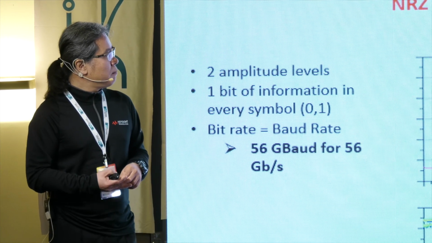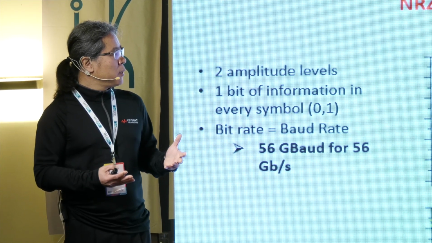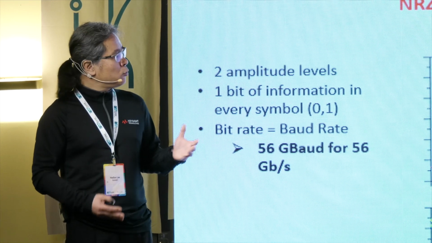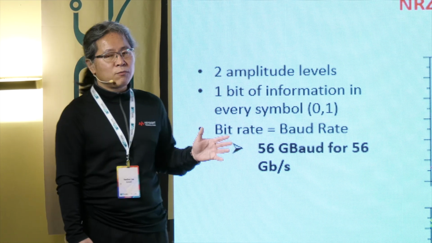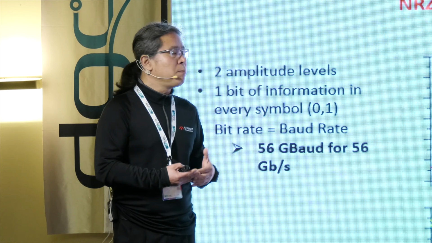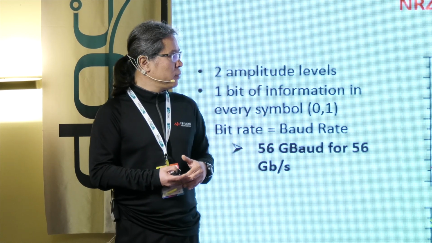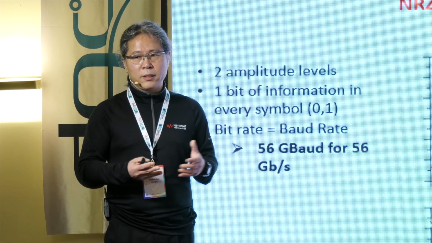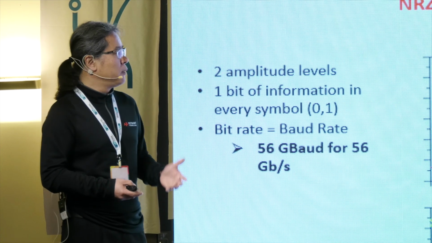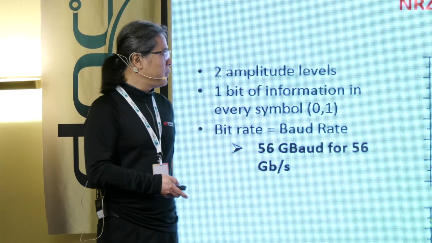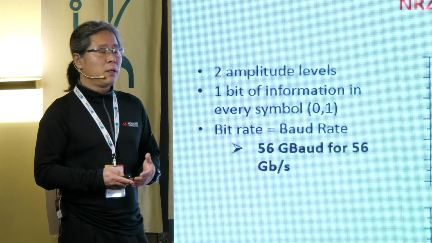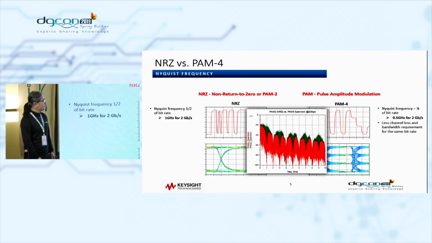However, when you look at PAM4, it is actually going to be 28 gigabaud for 56 gigabit per second transmission for the system. So that means you have 2x throughput for the same baud rate. That is one of the reasons why many people are using PAM4.